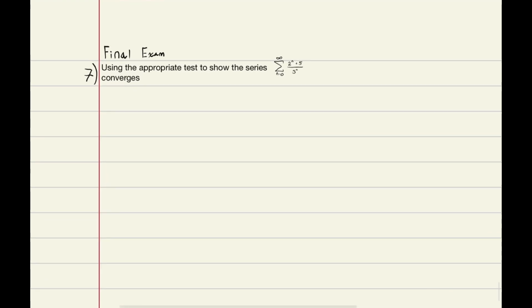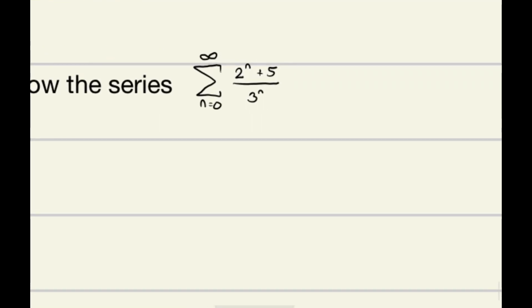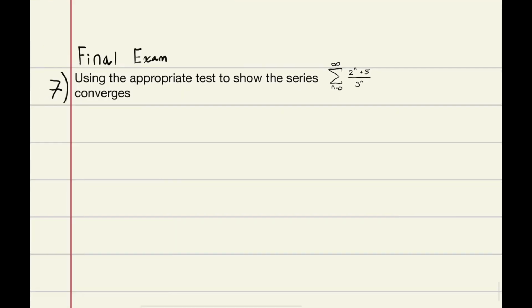For number 7, we have to use the appropriate test to show the series of (2 to the n plus 5) over 3 to the n converges.